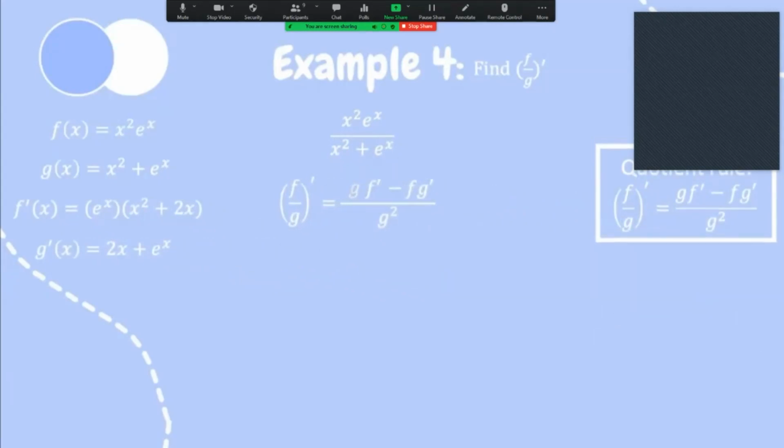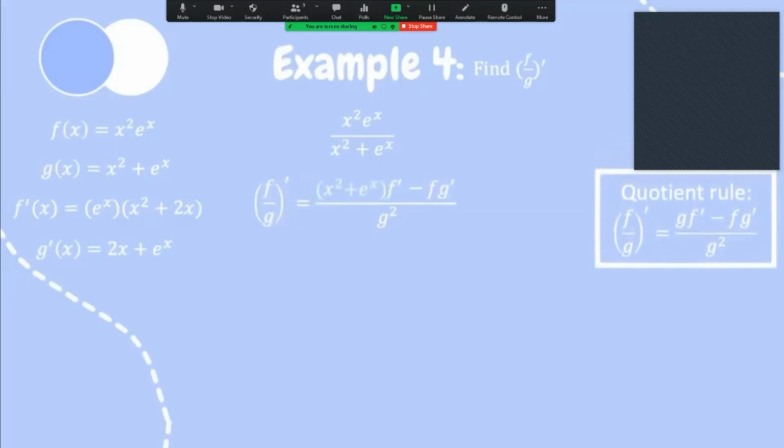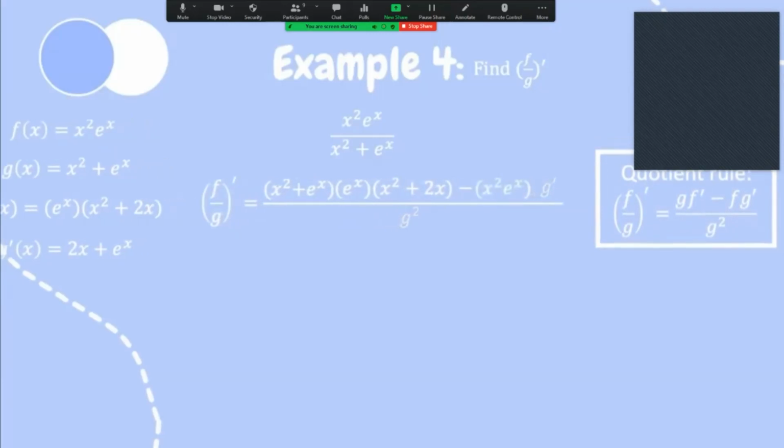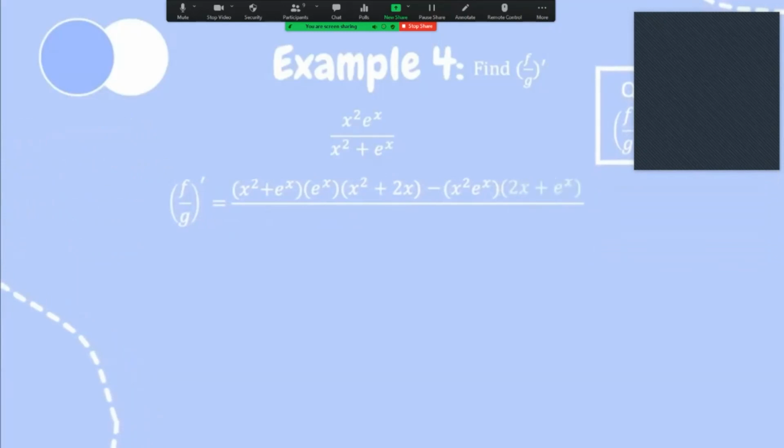So the derivative of f divided by g equals (x squared plus e to the power of x) times e to the power of x times (x squared plus 2x) minus x squared times e to the power of x times (2x plus e to the power of x), all divided by (x squared plus e to the power of x) squared.